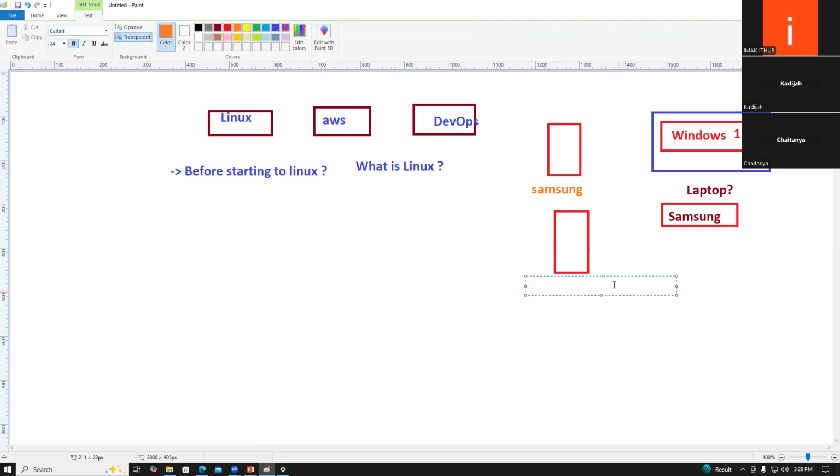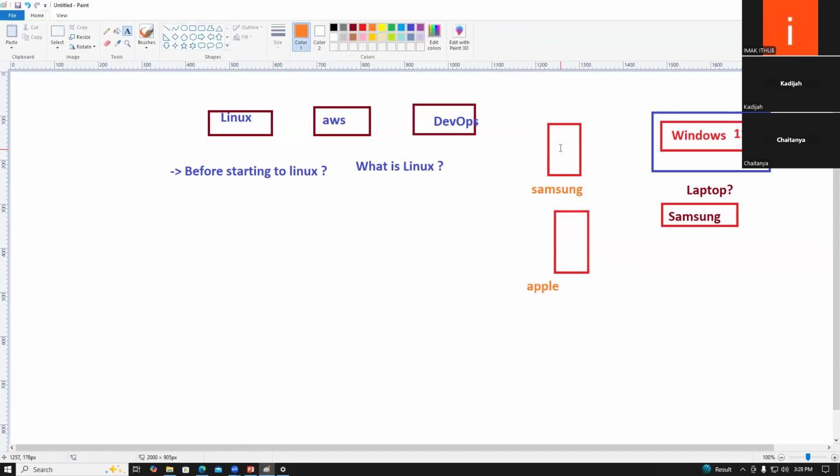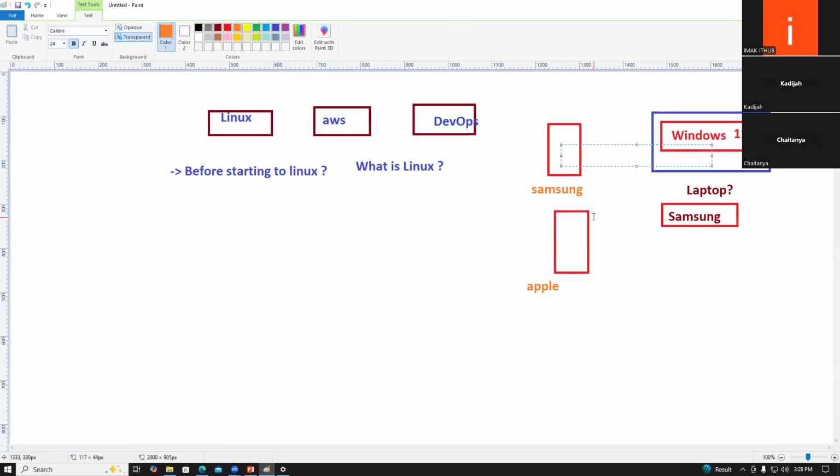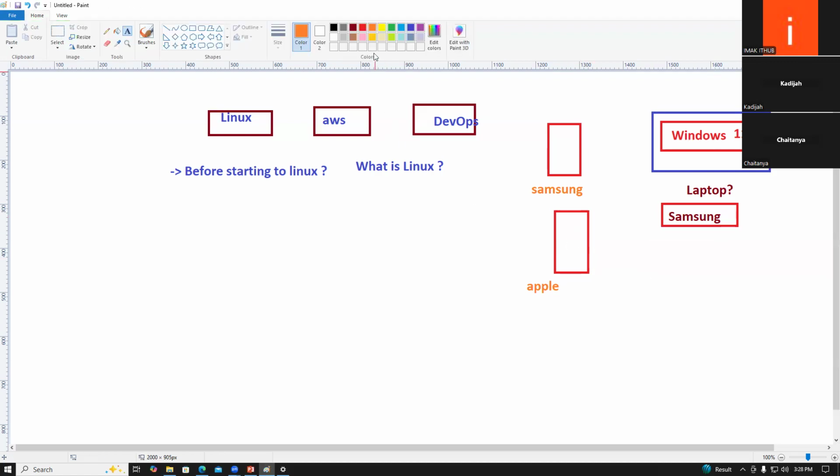Samsung and iPhone, Apple, right? So in your mobile phone, which OS is installed? Where to find out?